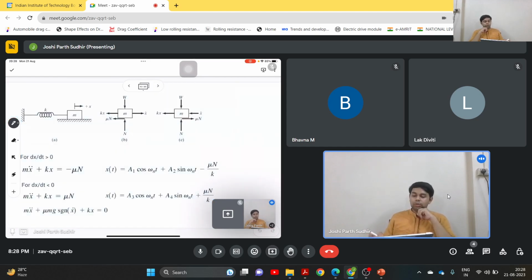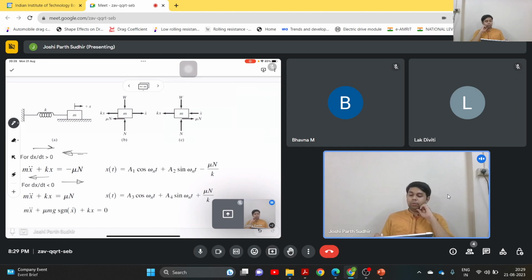As we just have seen, we can write down the differential equation for one half of the cycle as m x double dot plus kx is equal to minus mu n when x dot is positive. When x dot is positive, this friction force is in the negative x direction, whereas when the velocity is negative, the friction force is in the positive direction.